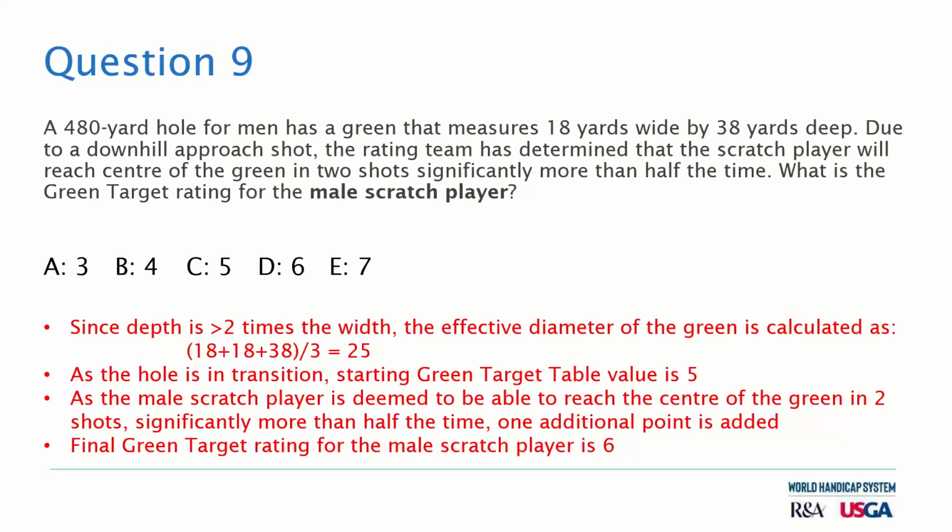They're already landing 9 yards onto the green, and we know as that scratch player is hitting a long shot into it, whether it's a hybrid or a longer iron into that green, the ball's going to roll out a little bit more. So certainly that roll on that green is going to consider that. Plus it was downhill as well as the question mentioned. So that's where we get the final value of letter D for 6.